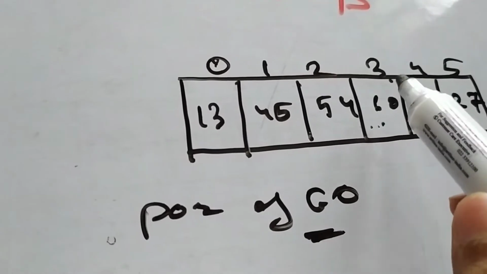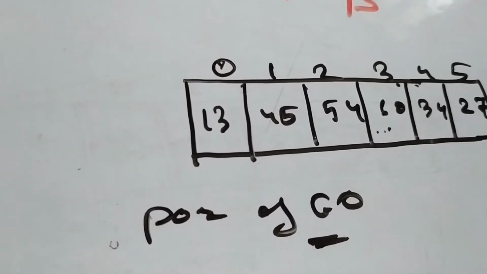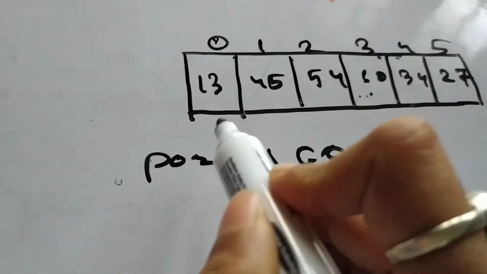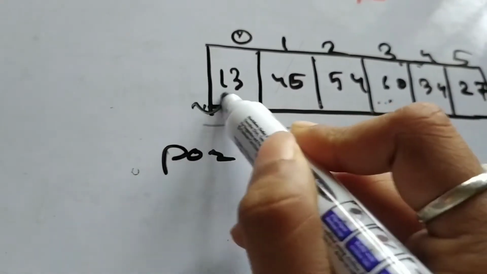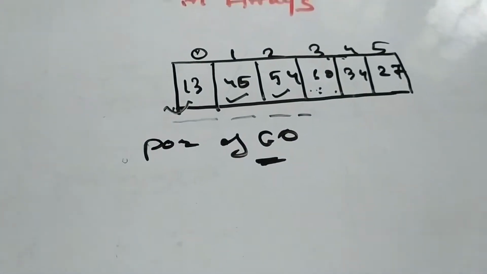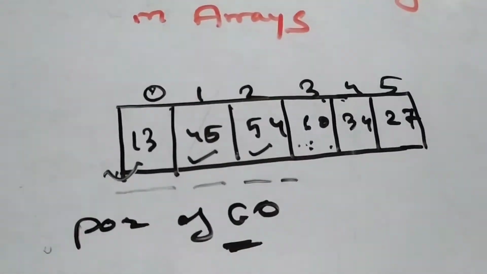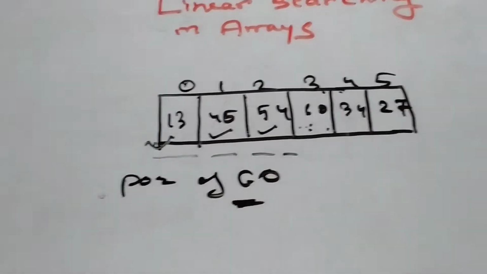That means 60 lies on the fourth position, with index number 3, in this array. In this way the search will go sequentially, first checking 13, then 45, then 54, unlike in binary searching. So this is the basic difference between linear search and binary searching.